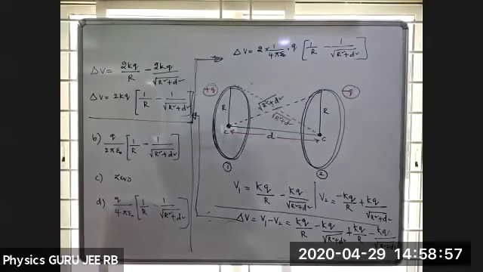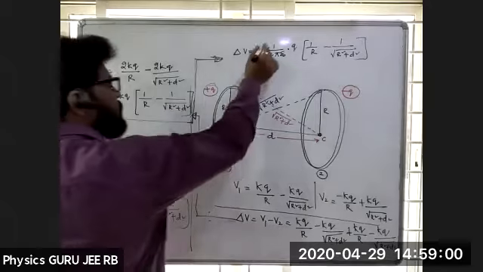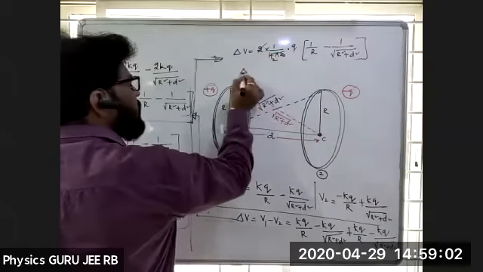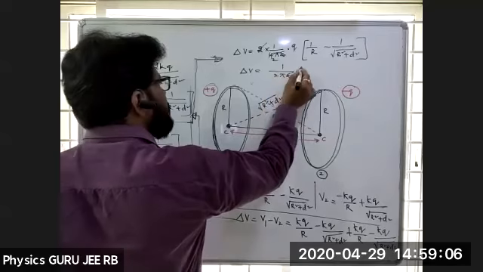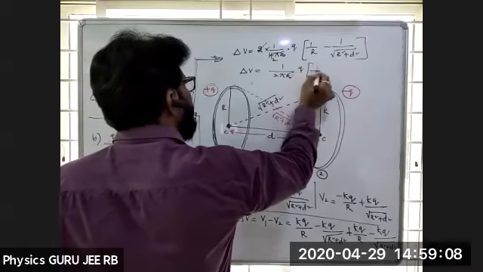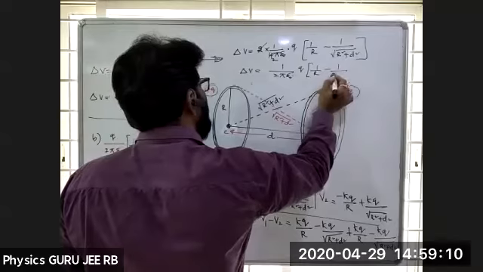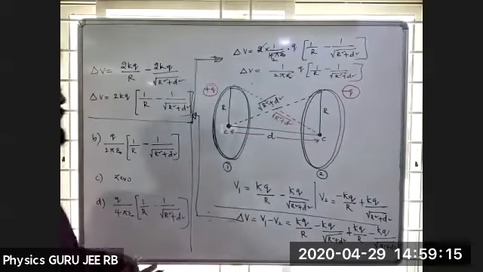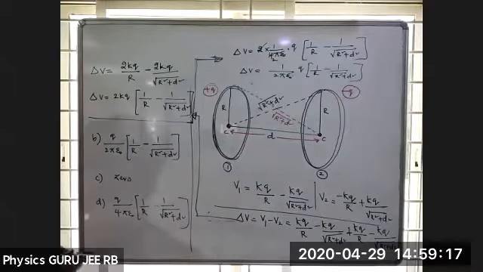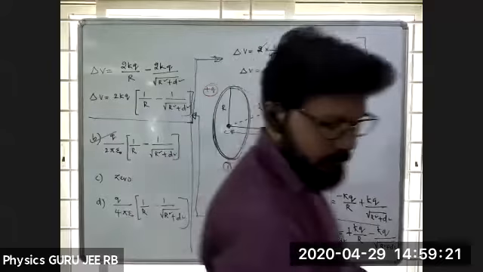This 2 will get cancelled, so delta V equals 1 by 2 pi epsilon naught into Q into 1 by R minus 1 by under root of R square plus D square. Is it clear? This is option B. B is the correct answer.